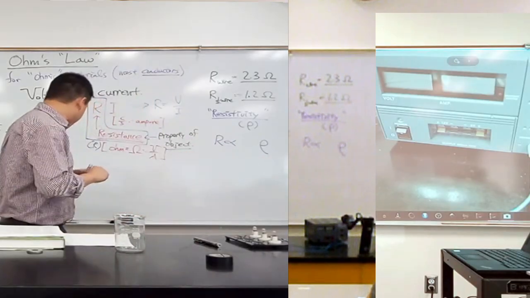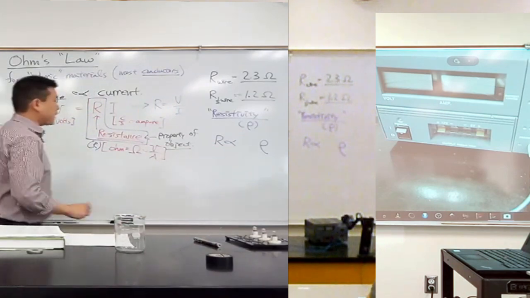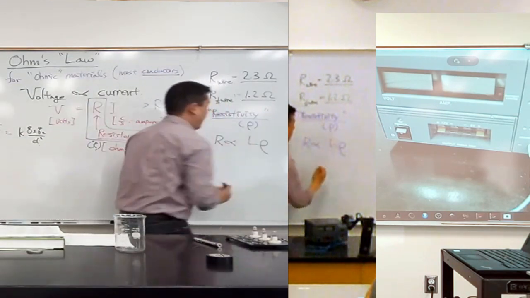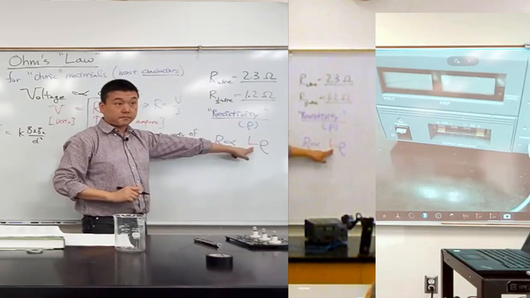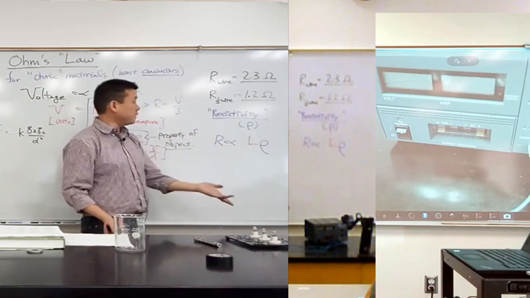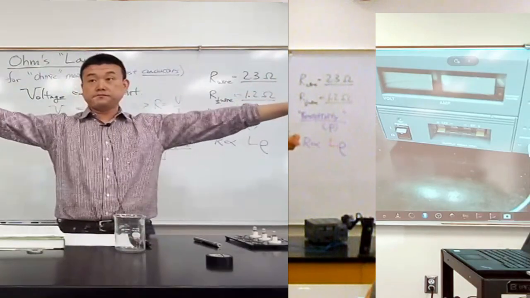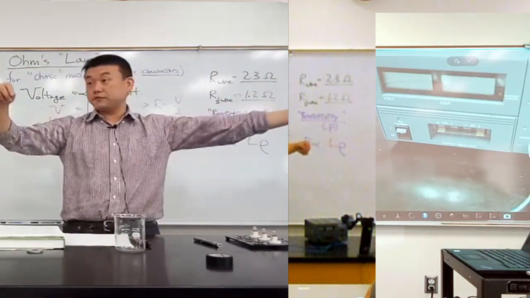And what you guys got at intuitively was that resistance is also proportional to the length of the material, right? Because intuitively, if I have a longer material, then there's more things resisting the flow of charges.